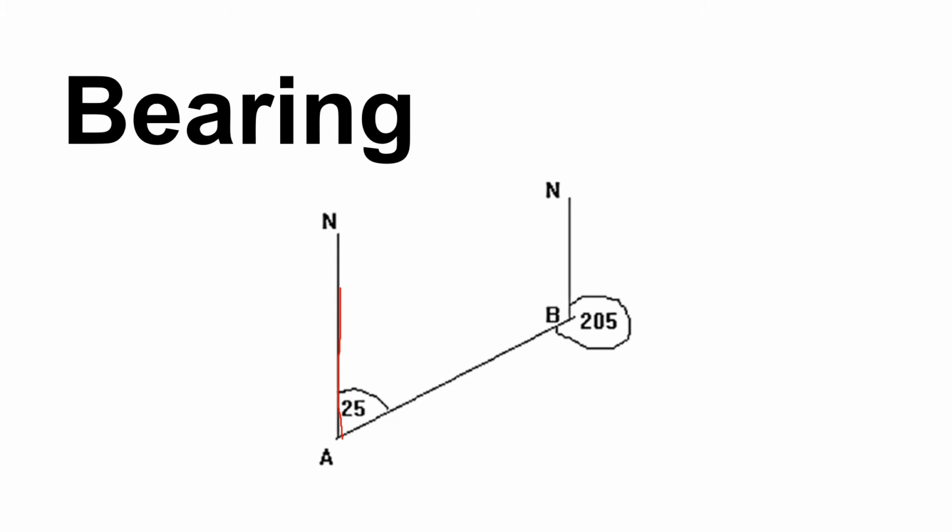So the bearing of ship B, if you are standing on ship A, is 25 degrees from the north line. Meanwhile, if you are on ship B and you want to know the bearing of ship A, you measure it from your north, so that's 205.